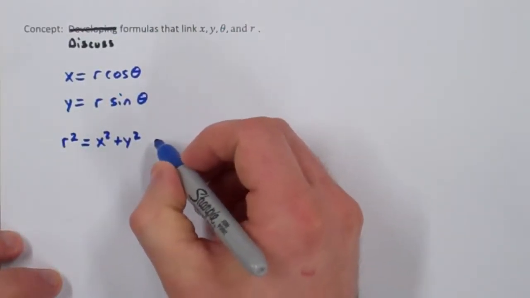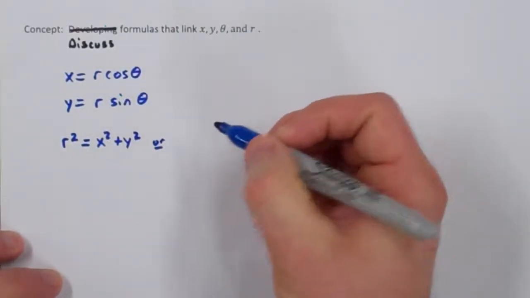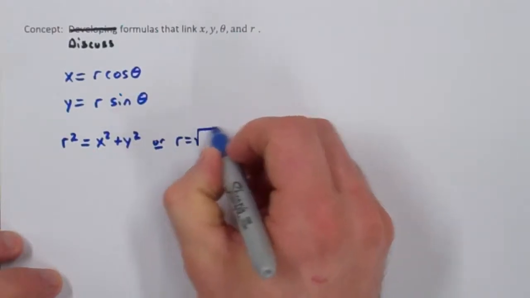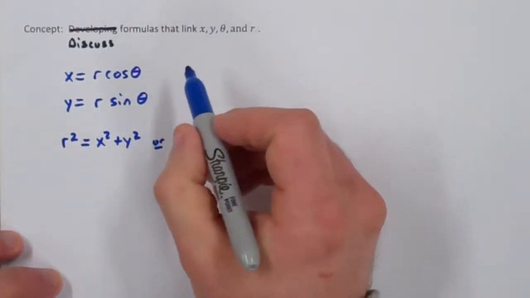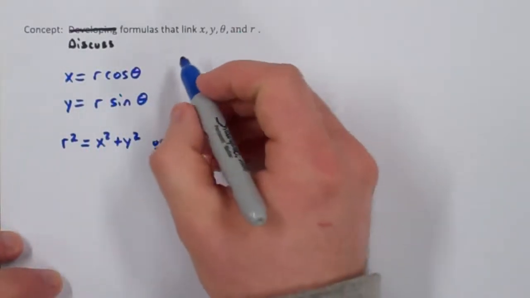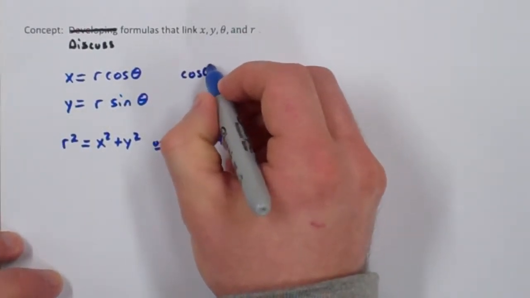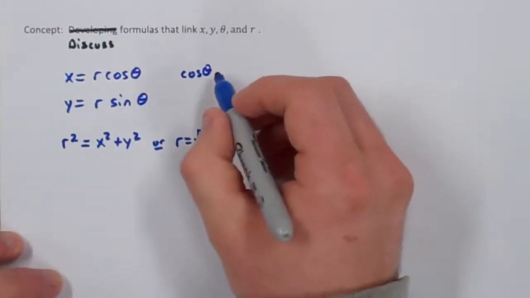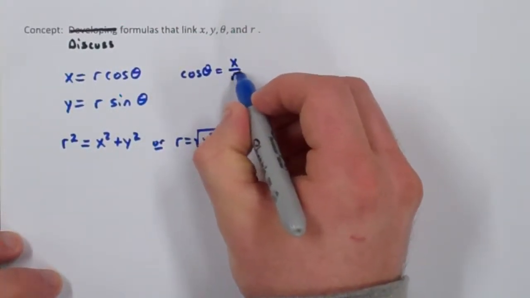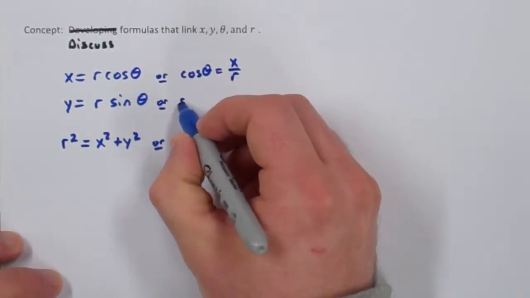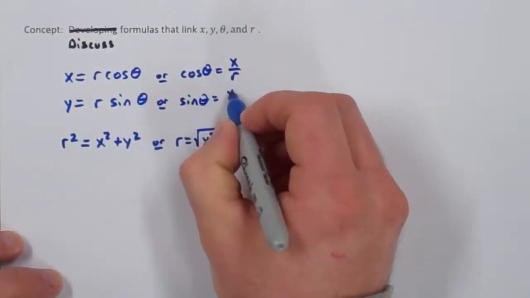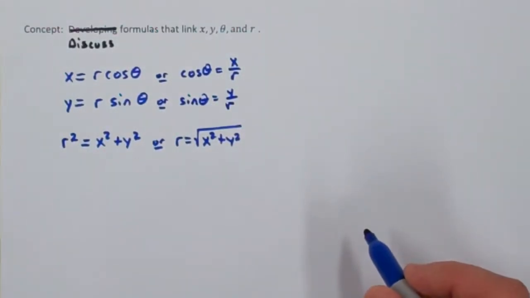This could also be r is equal to the square root of x squared plus y squared. And by the way, I maybe should do that here with these two. The cosine of theta, if we just divided by r here, would be x over r. And then the sine of theta could also be y over r.